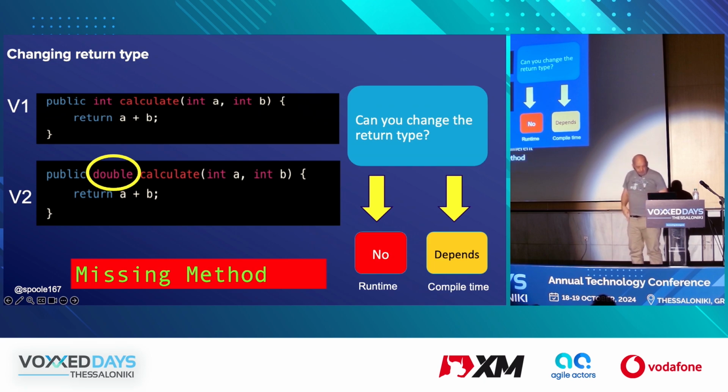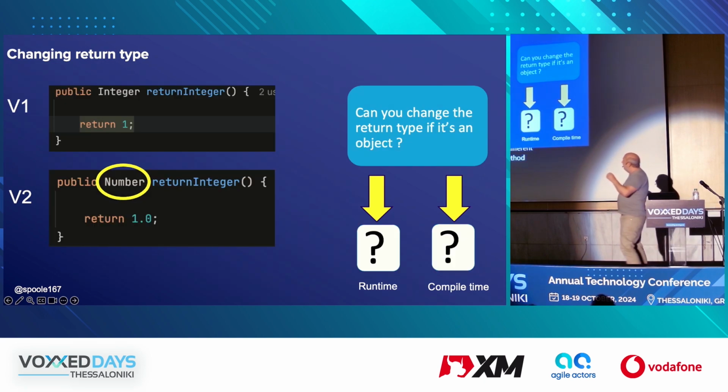Okay. Let's do a couple more. What happens if it was an object that I returned rather than a primitive? Does it break at runtime? Does it break at compile time? Who thinks that if I made this change and my customer's code called this, it would break? Yes. Good.